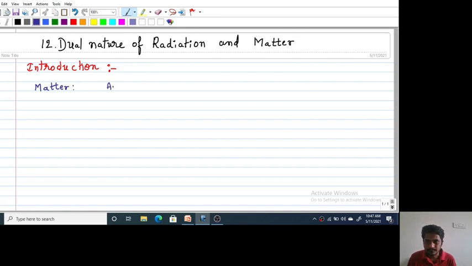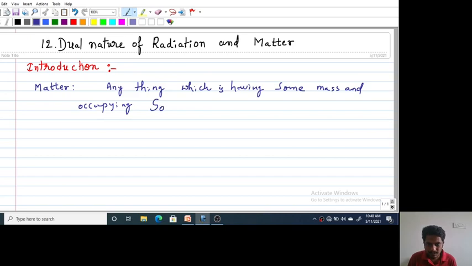Anything which is having some mass and occupying some space, volume, is said to be matter. Generally, matter has particle nature.